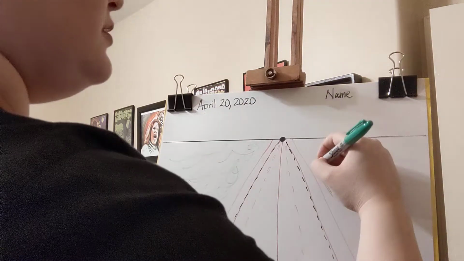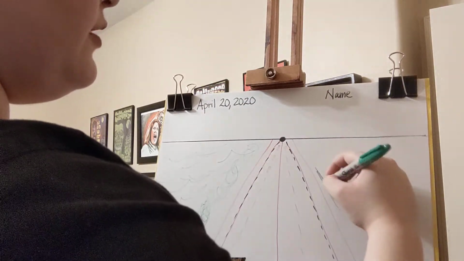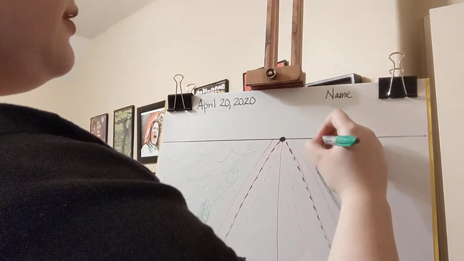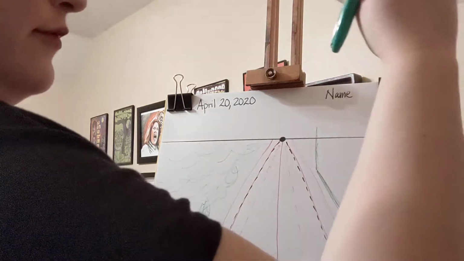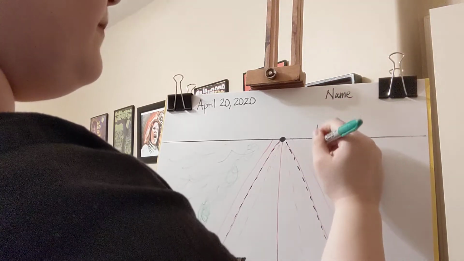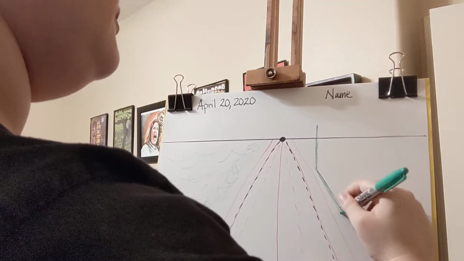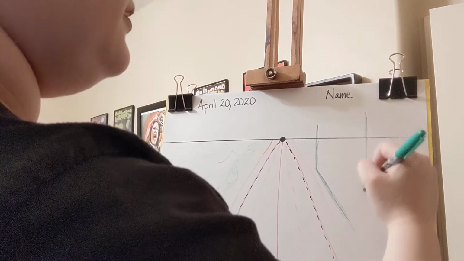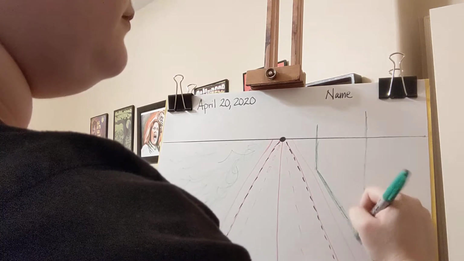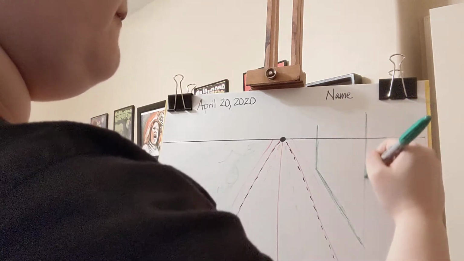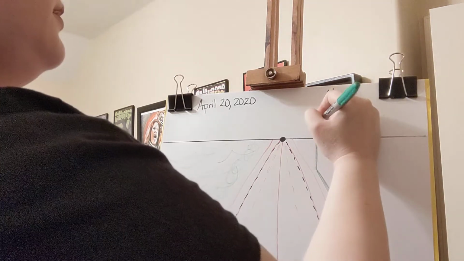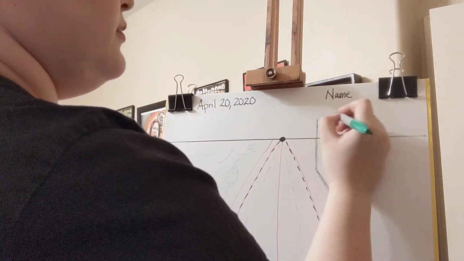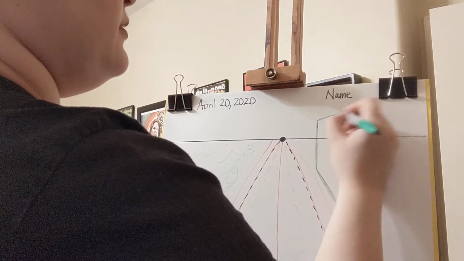So, say you're going to do a building. You'd follow this line like this. And then this line up here would be just straight up and down, vertical, and so would this line. And then this is going to be the top of the building.